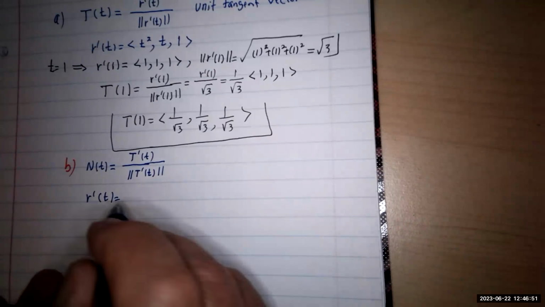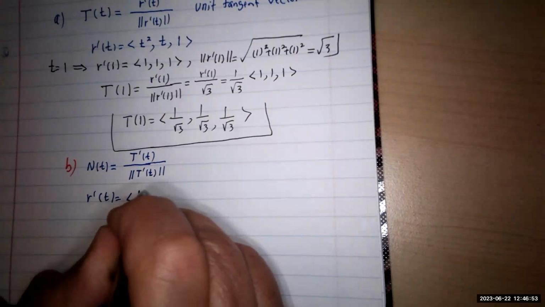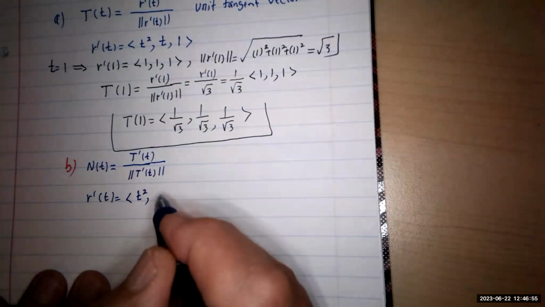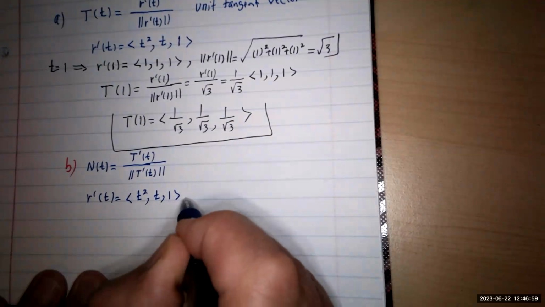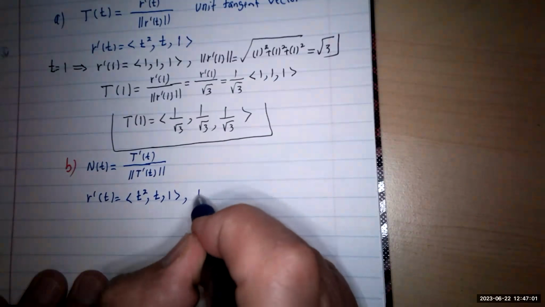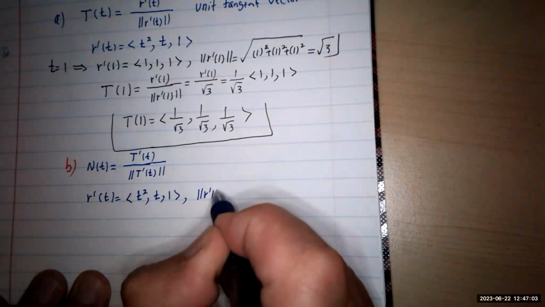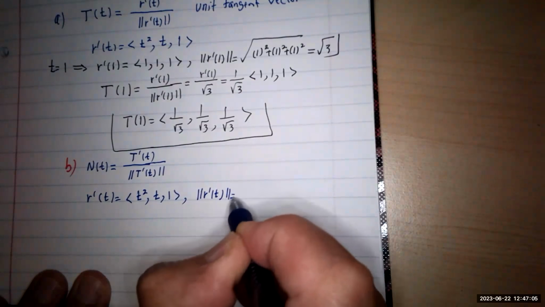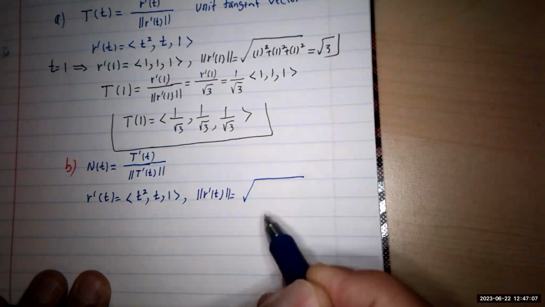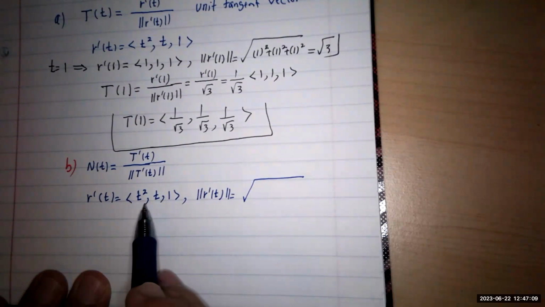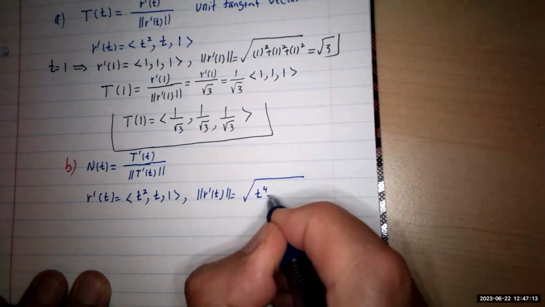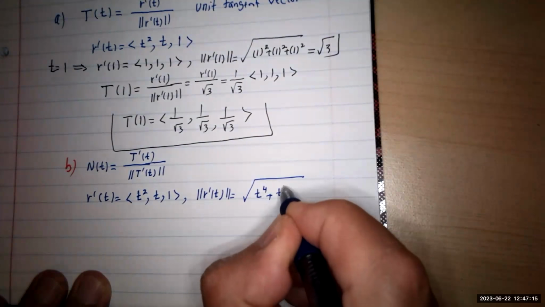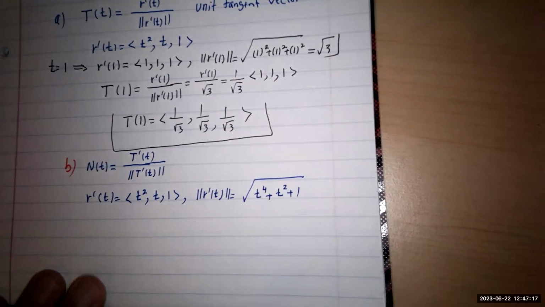So r prime of t is what? It is (t squared, t, 1), because you have to find T of t first. That's going to be r prime. You have to find the norm of r prime of t. The norm would be the square root of the squares of the components. So that gives you t to the 4th, plus t squared, plus 1.